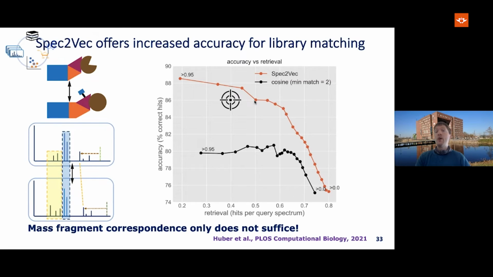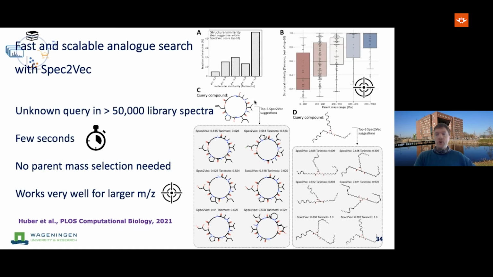And therefore, I think spec2vec and other machine learning based approaches really have a lot of promise when we can further optimize them. And also, I want to briefly highlight that this kind of approach seems to work especially well for larger molecules, or larger small molecules. And that's exactly the range where we still have most problems, right?